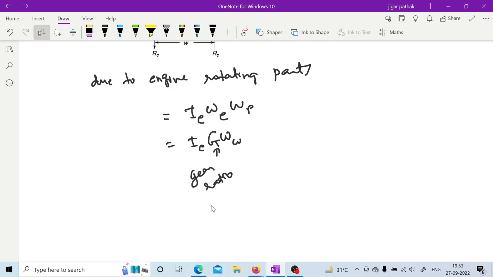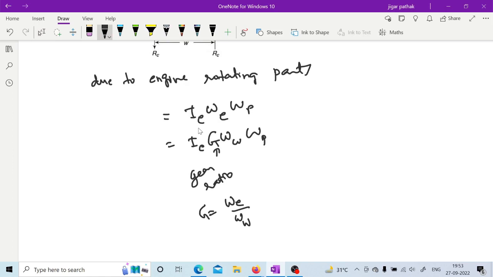Because we know that gear ratio is equal to omega E by omega W. That is why I have replaced omega E with G omega W, and omega P is there, right?